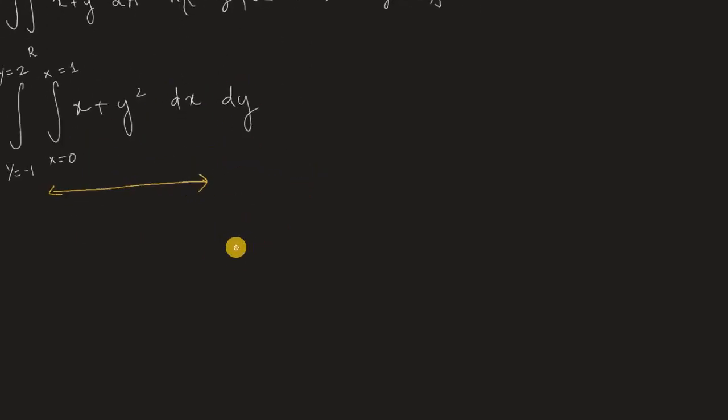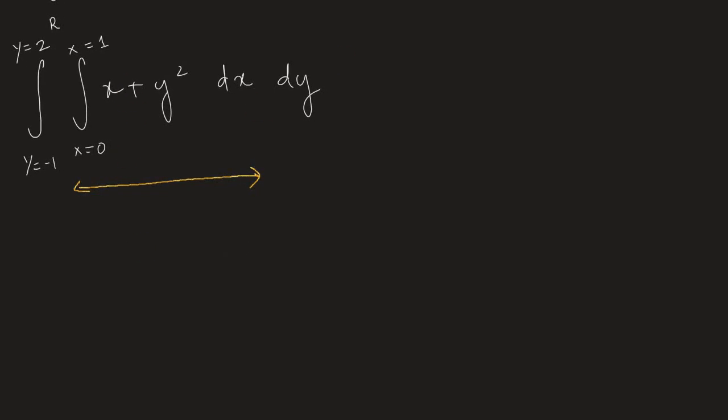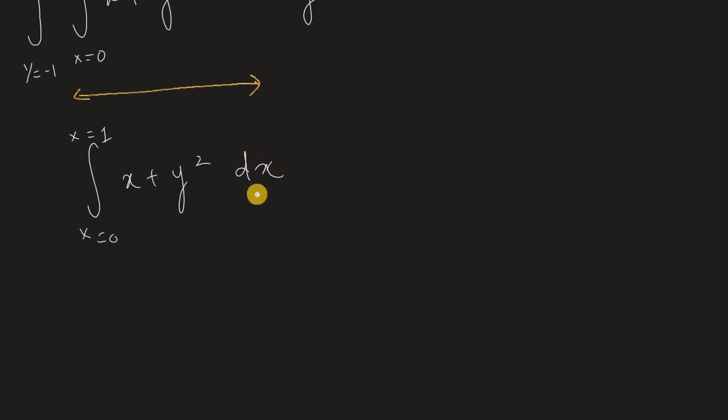Okay, so we are taking this x plus y squared dx from x equals 0 to x equals 1, only this part. Okay, and since we're integrating with respect to dx, that means y is treated as a constant.